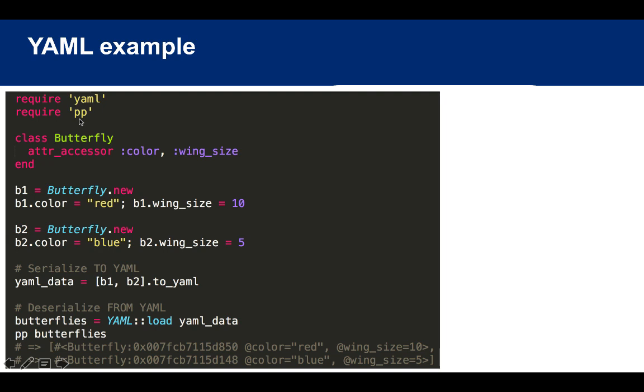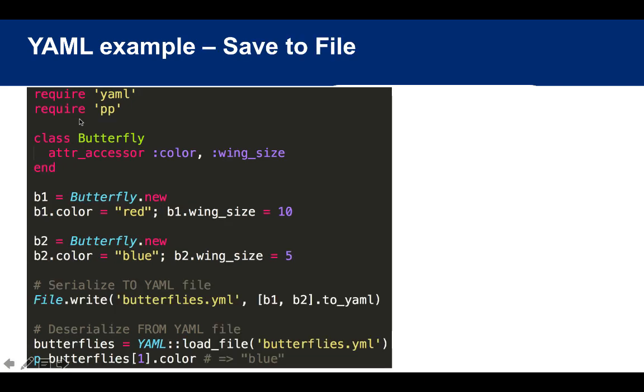Now, a more useful example of YAML is to take the YAML data and save it off to a file. Again, you would require YAML, you would create the butterflies, and then in this case you write it out to a butterflies.yml file. Again, it's exactly the same: you convert the data to YAML, and then you write it out to this file.